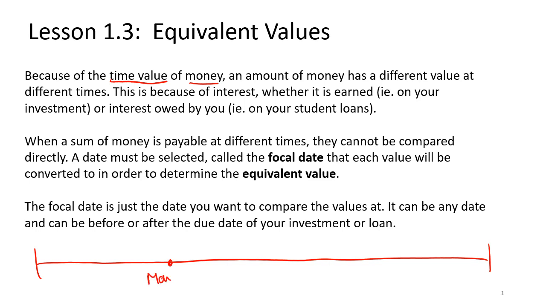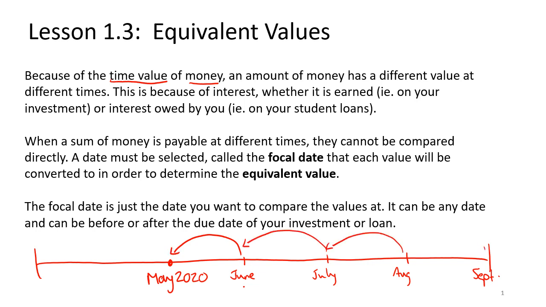So we're in May 2020, and you know that you're making payments, maybe in June, July, August, and September. Each of those payments technically is a different value. You might pay a certain amount in June. But if you want to know how much all of these payments would be worth today, you have to take that and find the present value.